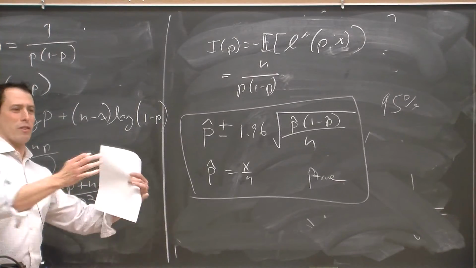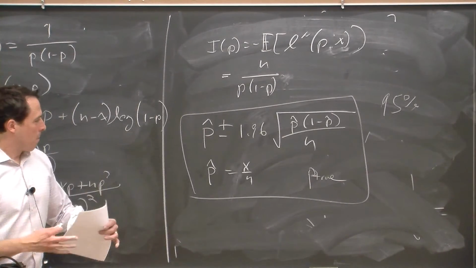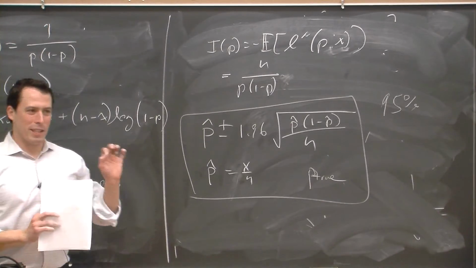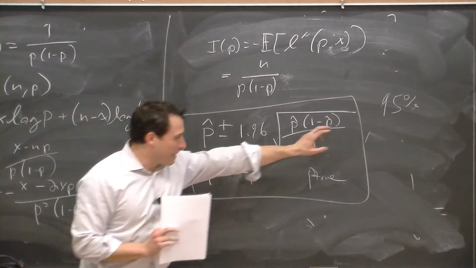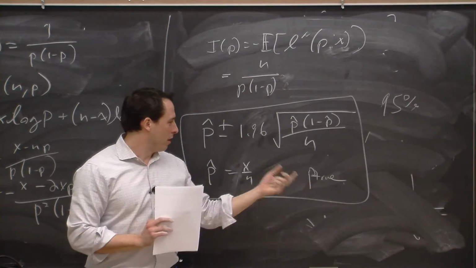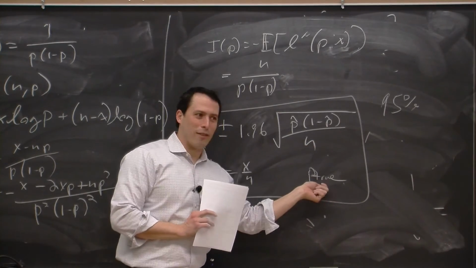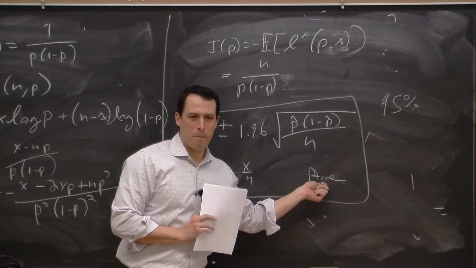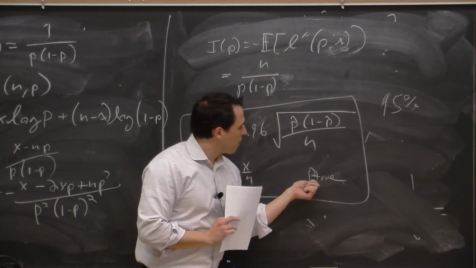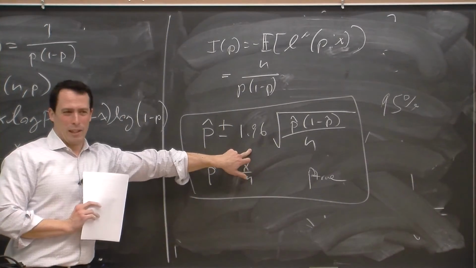You flip 1,000 coins, you construct a confidence interval. You do that a million times. If you've constructed a correct 95% confidence interval, every time you make that confidence interval calculation, either the true thing will be in there or not. If it's correct, it will be in there 95% of the time. If you really did that using this, it's not very close to 95%.